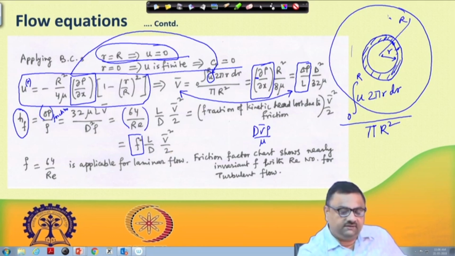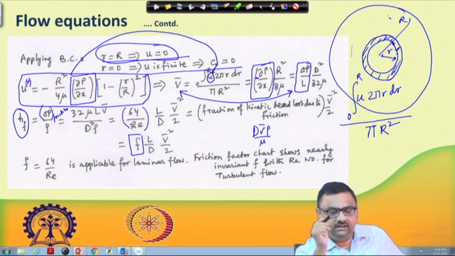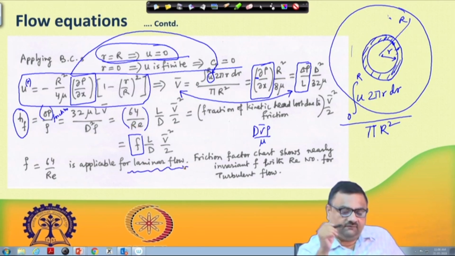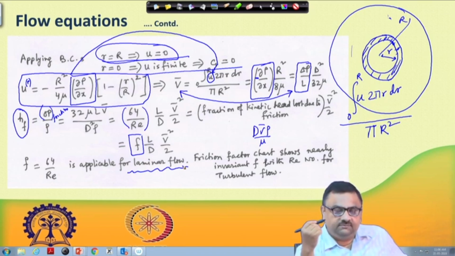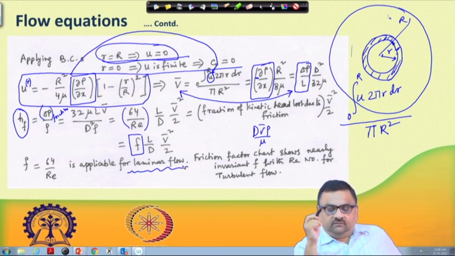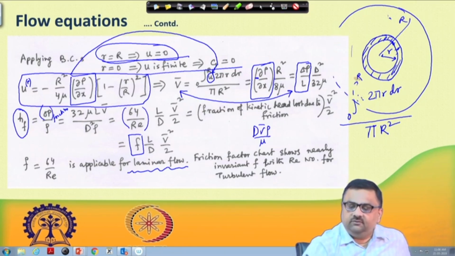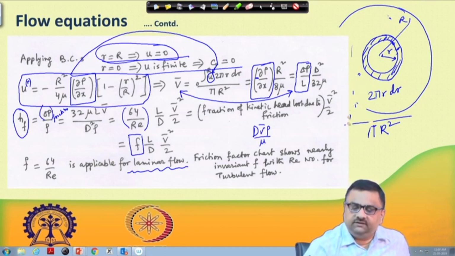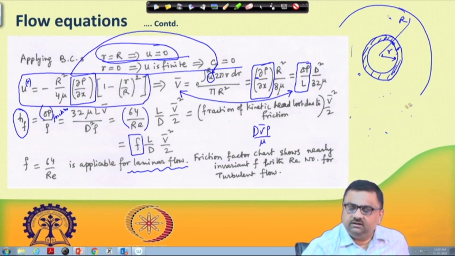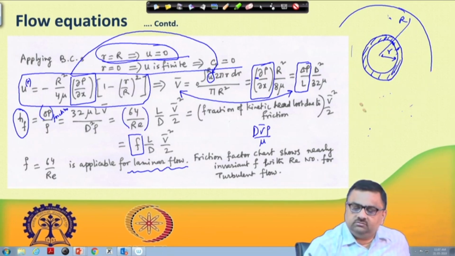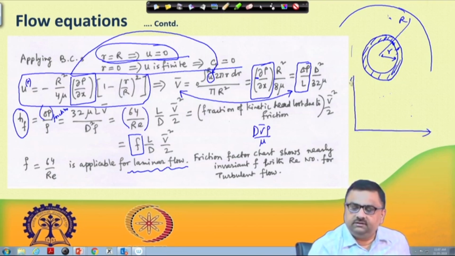So, now we can see this friction factor is equal to 64 by Re, but this is applicable for laminar flow. When it comes to friction factor for turbulent flow, generally people follow something called a friction factor chart. There is a friction factor chart available to compute friction factor as a function of Reynolds number.